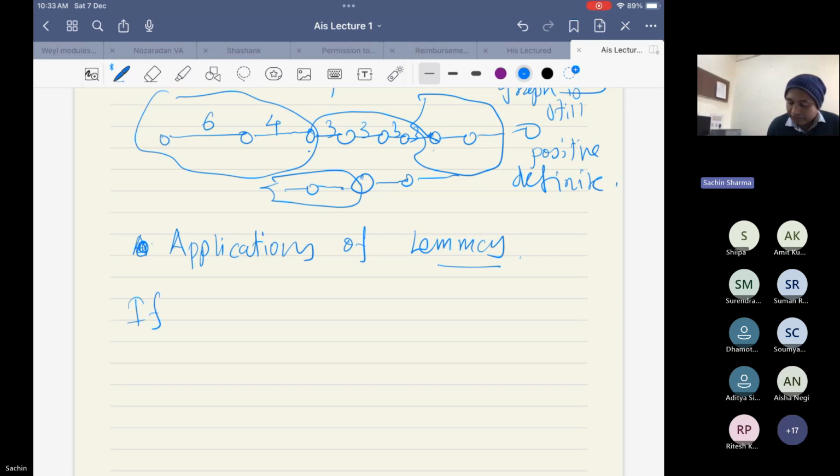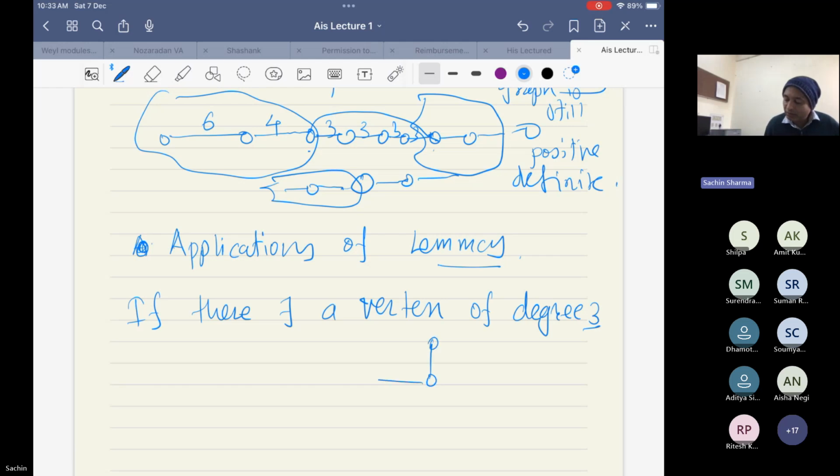If there exists a vertex of degree 3. What do I mean by degree 3? It means that this vertex has 3 hands: 1, 2, 3. There are at least 3 hands.